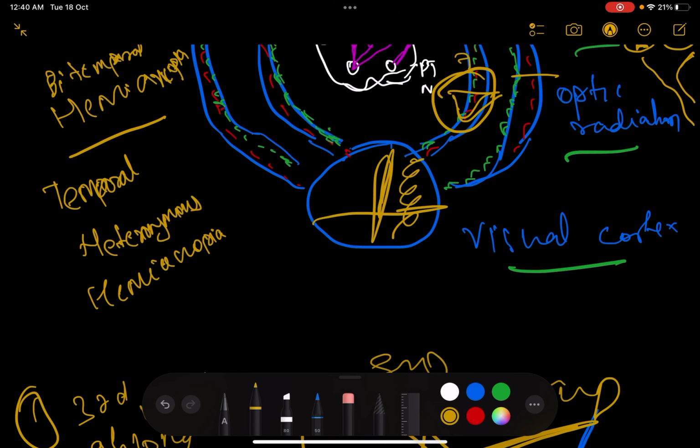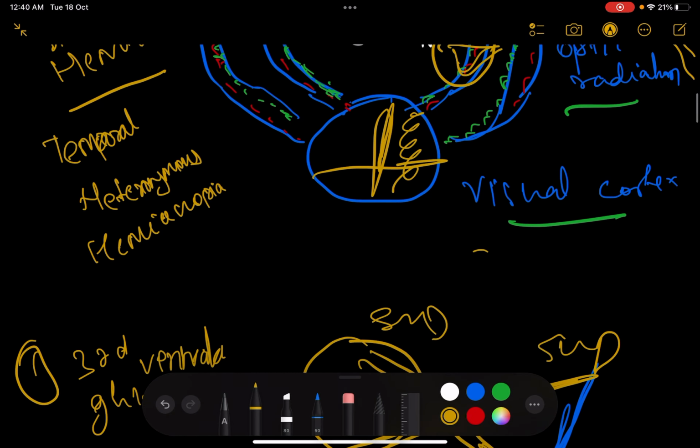So again, what you will have is something like this: your two eyes, left, right. Your left temporal is affected, that means your left nasal field has to be gone, correct.